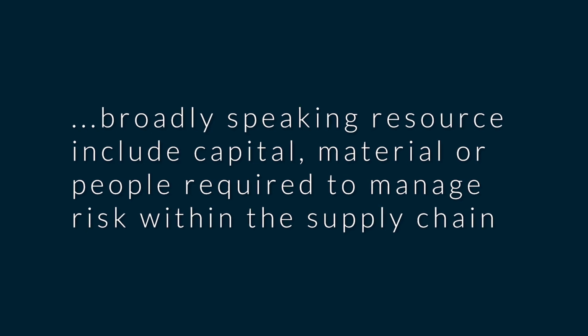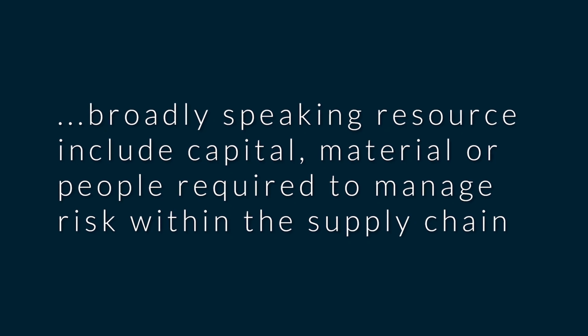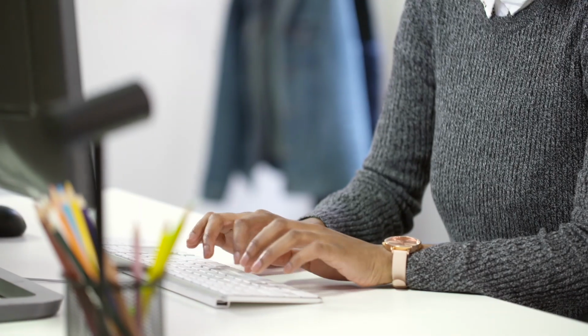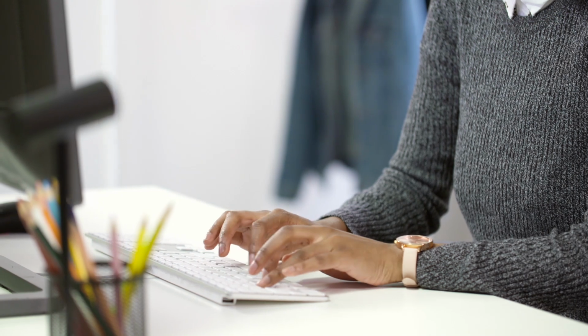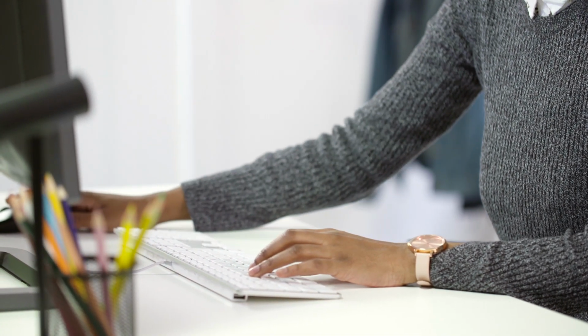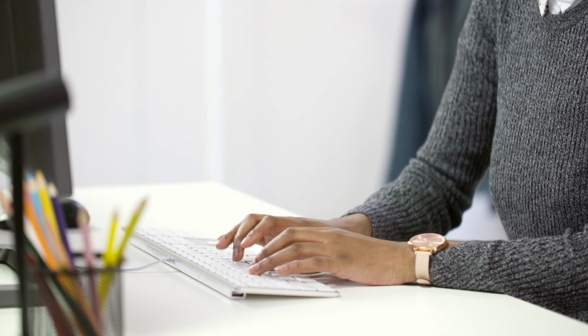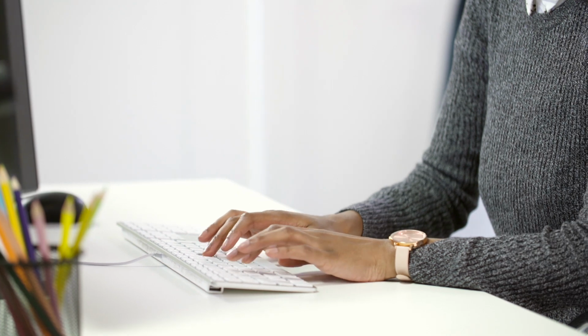Broadly speaking, resources will include capital, material, or people required to manage risk within the supply chain. And the capability of a company to survive a risk event will just come down to whether they have the resources required or not. Okay? For example, in the case of a cyber security threat, the resources depended on are likely to be computing hardware, software, and the expertise to defend the technology infrastructure from cyber attack.